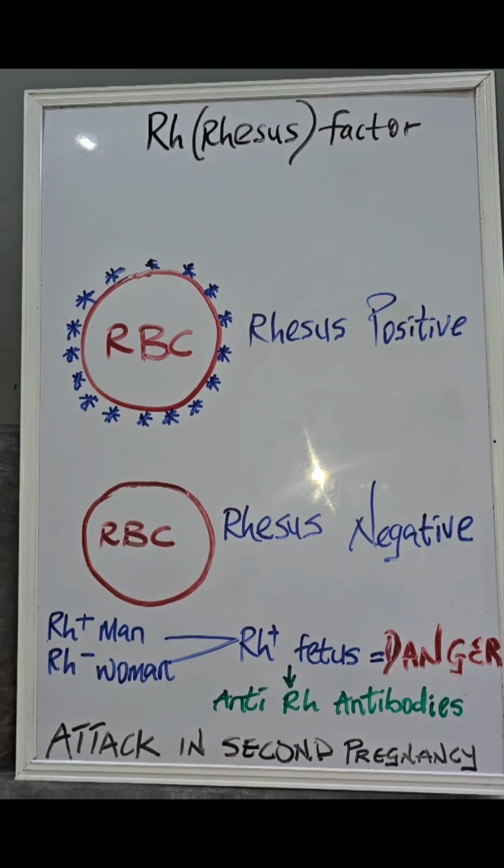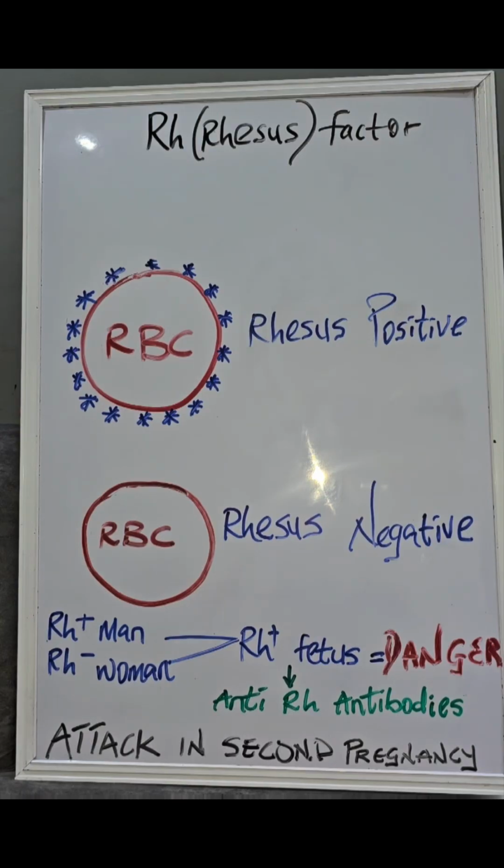Problem, because the body would see this as foreign, since the body is not aware of this protein. That leak in the first pregnancy is not going to cause any harm, because the body will be like, what's going on here? This is foreign, this is strange, you have not seen this before. So what would they do?